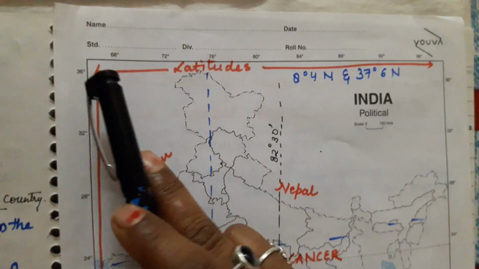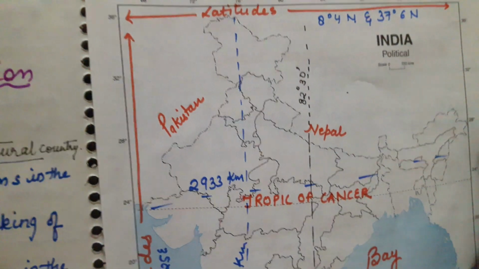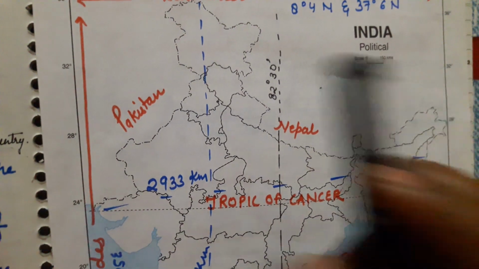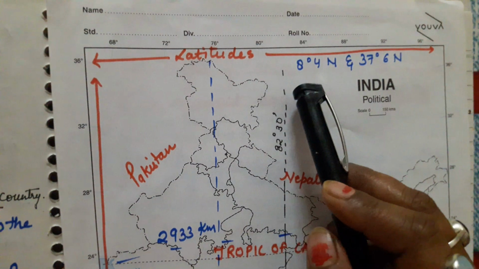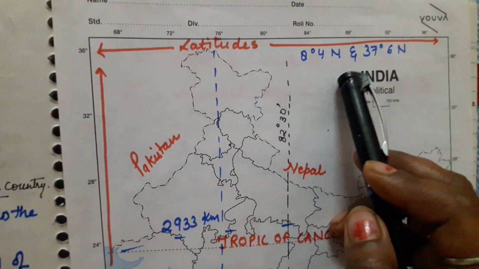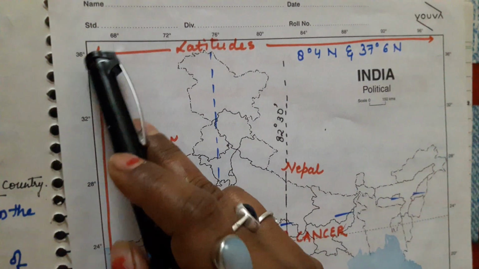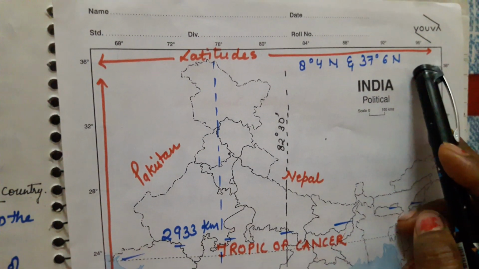Now through the map I am going to tell you this. From Gujarat, the first point, up to the last point in the east, the latitudinal extent of India is 8 degree 4 minutes north and 37 degree 6 minutes north. This is the latitudinal extent of India.